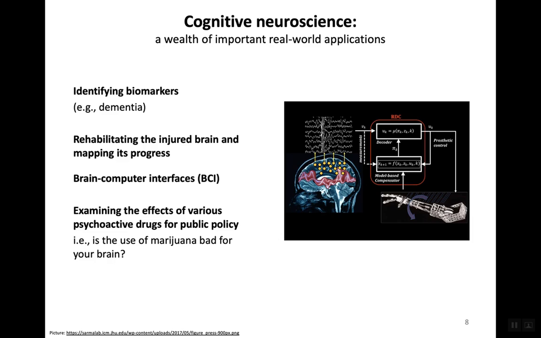And the goal there, or at least one of the important goals, is to identify the neural signatures associated with the presence of the disease. And again, there are many methods through which we can do that, some of which rely on neuroimaging, such as functional magnetic resonance imaging and also structural magnetic resonance imaging.